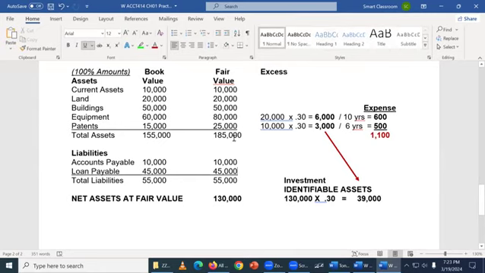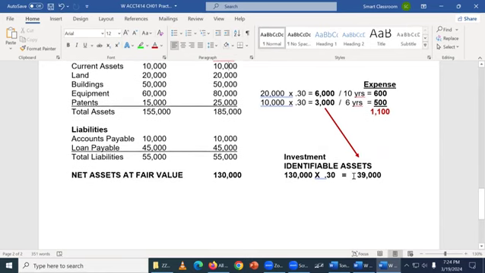Notice that the 85,000 includes these excess assets. Now, these are identifiable assets. These are not the unidentified assets. So identifiable assets were 39,000. So that would be what we have done.